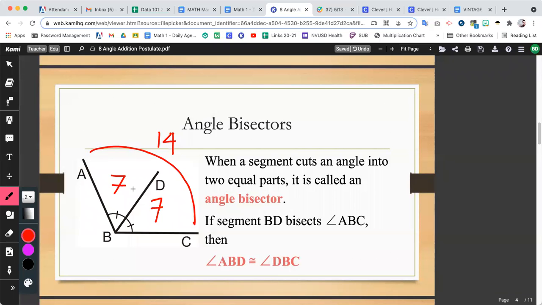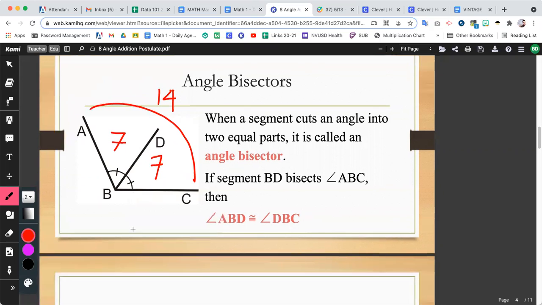But just remember, if you know that the ray here is a bisector, then it means that both of these sides have to be congruent, or they have to be equal. Again, in geometry, that's how those definitions are going to come in to help you and be very important. That definition will come back in another example in just a little bit, but let's get started with some easy examples.